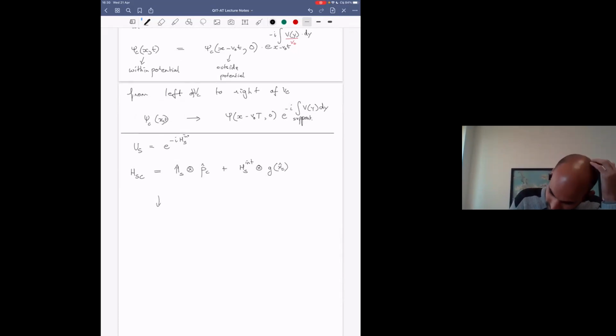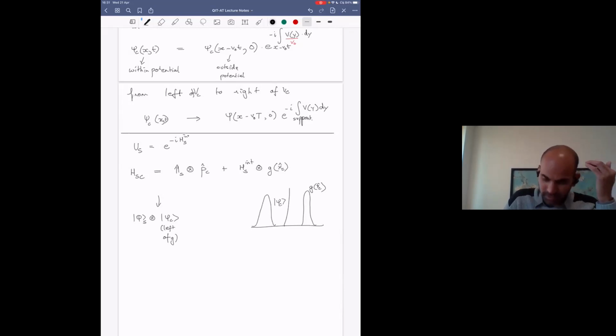So if we start with psi of the system tensored with some phi on the system, tensored with some psi of the clock, which is on the left of G, this is G of X_C, and this is our initial psi on the clock, moving with the speed v0 equal to 1.